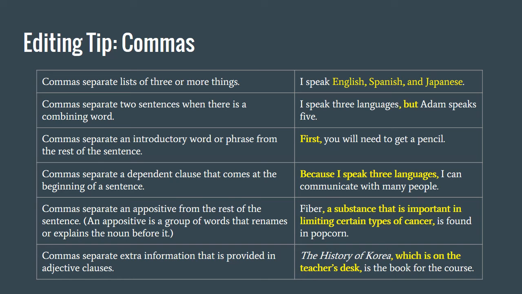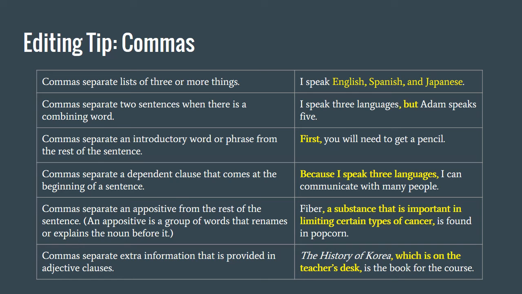So you see this yellow part, a substance that is important in limiting certain types of cancer? That's the appositive. It's additional information about a noun. So you're going to add commas around it. Next and last, commas separate extra information that is provided in adjective clauses.